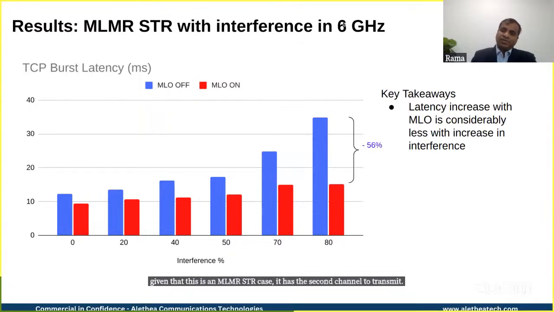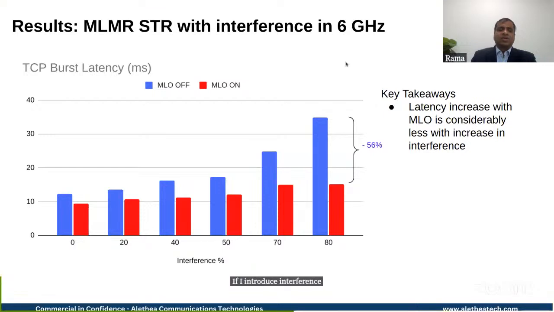If I introduce interference in 6 gigahertz, there's always 5 gigahertz to transmit. So it is expected, but it seems that the latency benefits are really pronounced for the case of interference in only one channel. I do think this is expected, and most of us would not be surprised by this result.